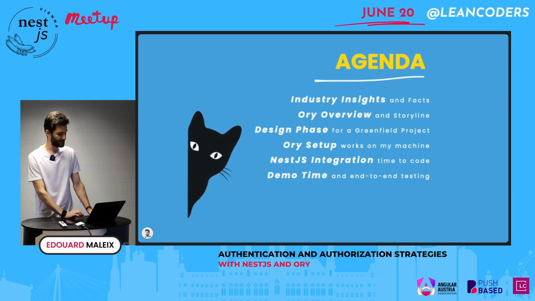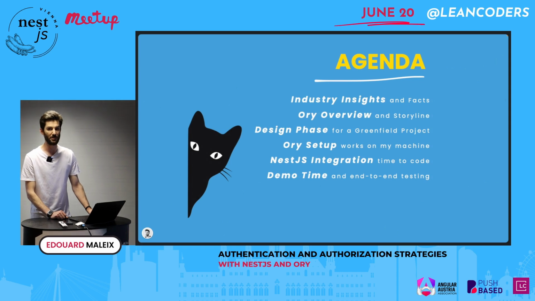The agenda for today: I will start with a few industry insights, to review quickly the landscape of web application security. We'll then see OI and how it fits in that context, and I will introduce it quickly. I will then discuss what application we'll build to put OI into practice in NestJS.